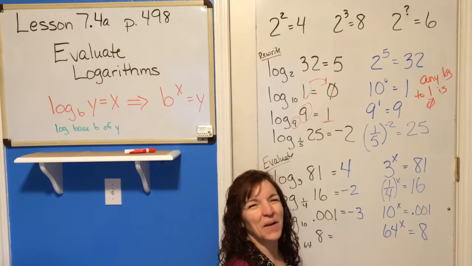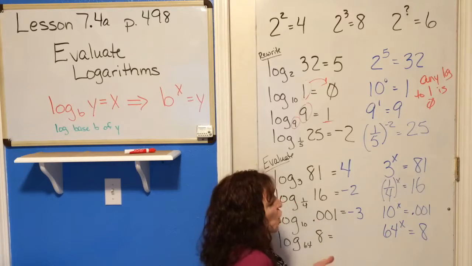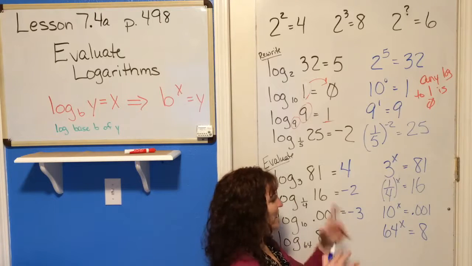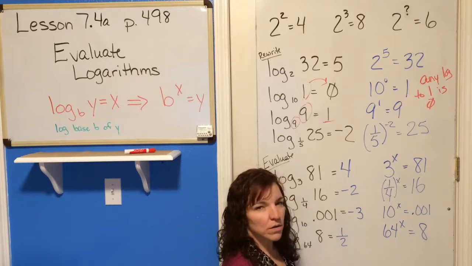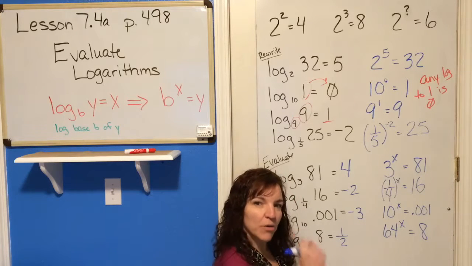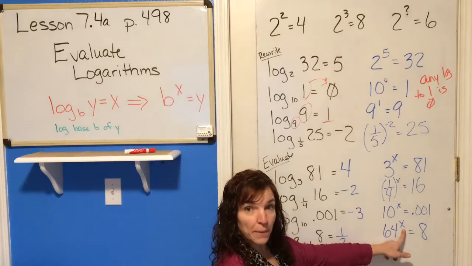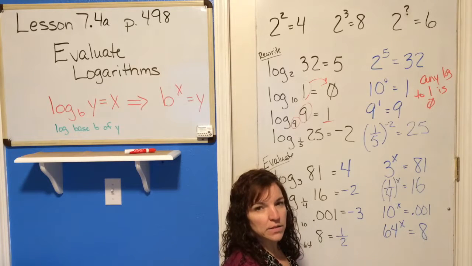Well, you know that 8 times 8 is 64, right? So if we take the square root of 64, that gets us back to 8. So what if we take the 1/2 power? Because the 1/2 power is taking the square root. So 64 to the 1/2 power is the square root of 64, which is 8.